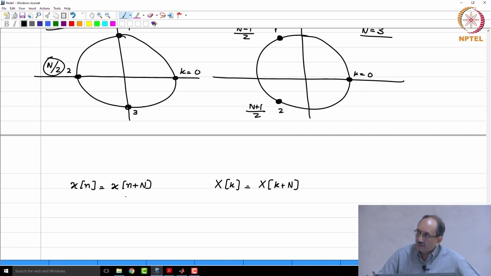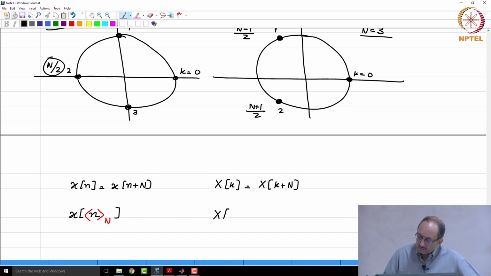Here, because of the periodicity, the index n is really index little n mod capital N, because no matter what the index is, you can always map it to the interval 0 to N minus 1.